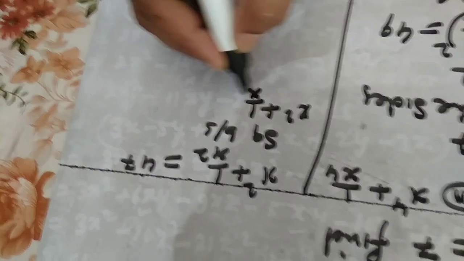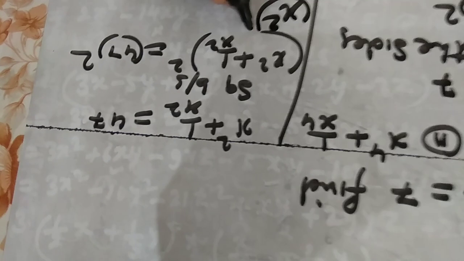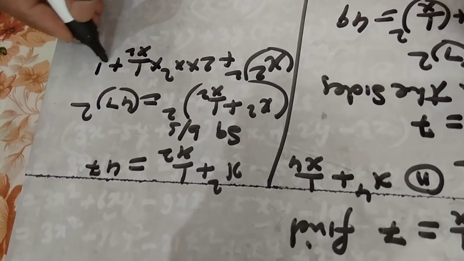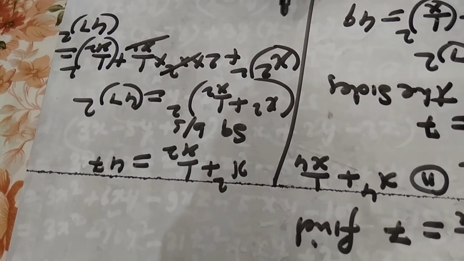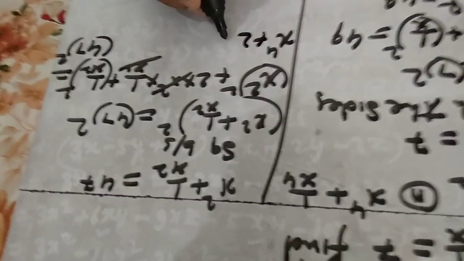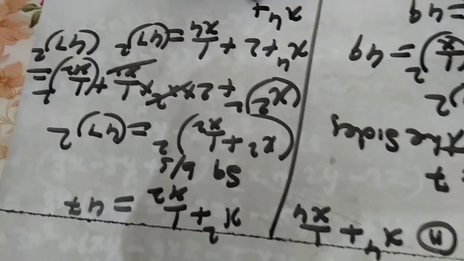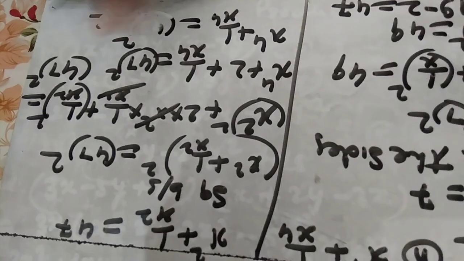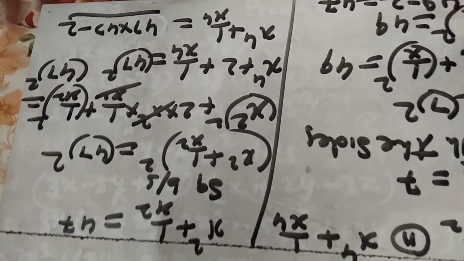Again squaring both the sides, we have (x square plus 1 by x square) whole square, 47 whole square. (x square) whole square, 2 into x square into 1 by x square, plus (1 by x square) whole square is equal to 47 whole square. This cancels out and you can see x power 4 plus 2 plus 1 upon x power 4 is equal to 47 whole square. So x power 4 plus 1 upon x power 4 is equal to 47 square minus 2. Students, you have to solve it yourself. 47 square means 47 into 47, minus 2. After the simplification, you will have your answer.